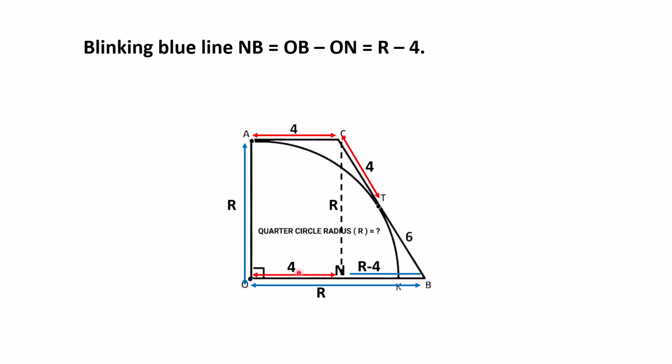So OB is equal to R, but ON, the bottom red line, is equal to 4 units, the opposite side of the rectangle AC. So the remaining part, the blinking blue line, must be R minus 4 units in length. So we get R minus 4 as the distance between N and D.